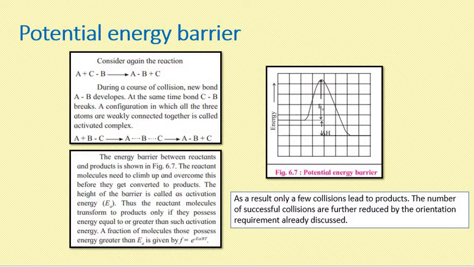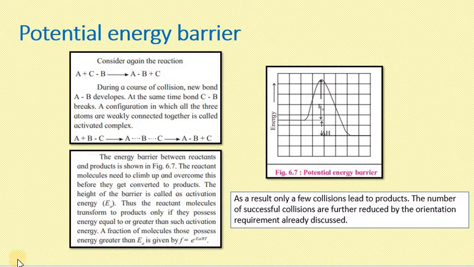You are seeing the potential energy barrier. The reactant molecules need to climb up and overcome it before they convert into the products. The height of this barrier is called the activation energy, or Ea. Thus, the reactant molecules transform into the product only if they possess energy equal to or greater than this activation energy.